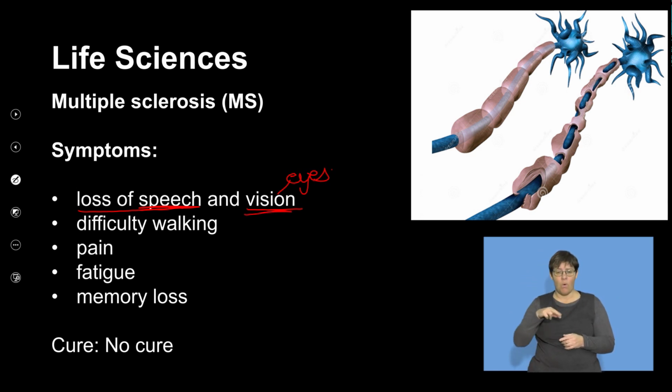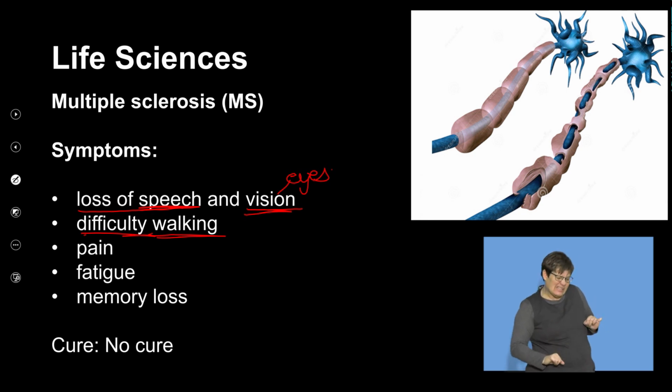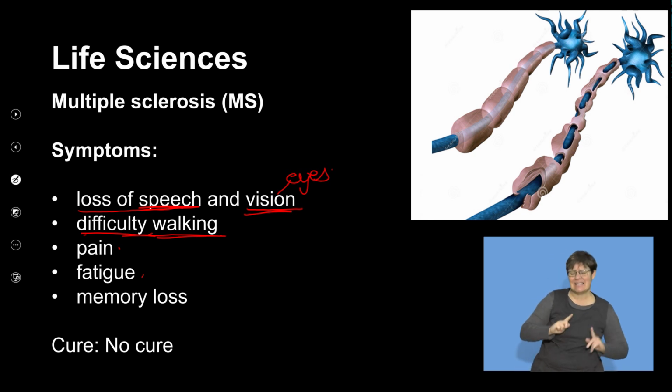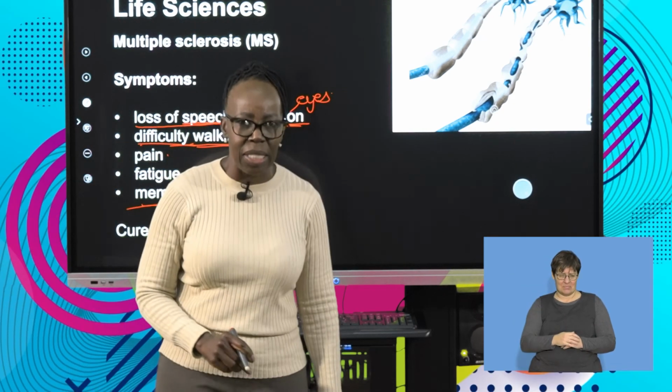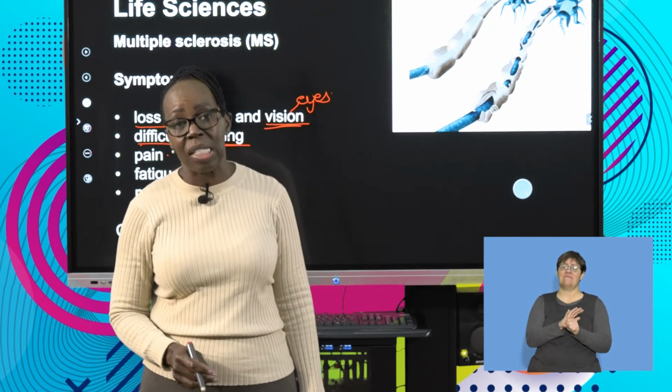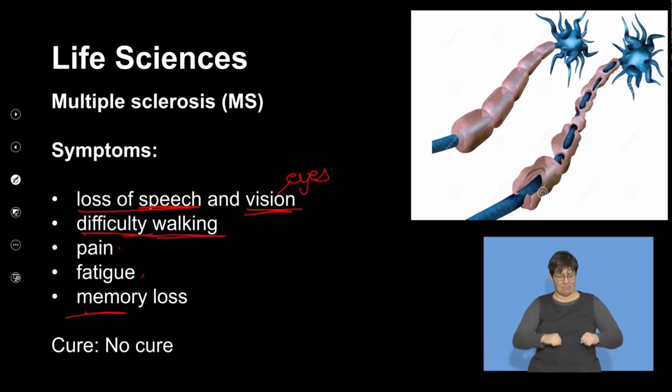And you experience difficulty in walking, which means your cerebellum also is affected. And then there's pain, there's fatigue, there's again memory loss. So this is the second disease that affects our nervous system. Do we have a cure? No, we don't have a cure so far.